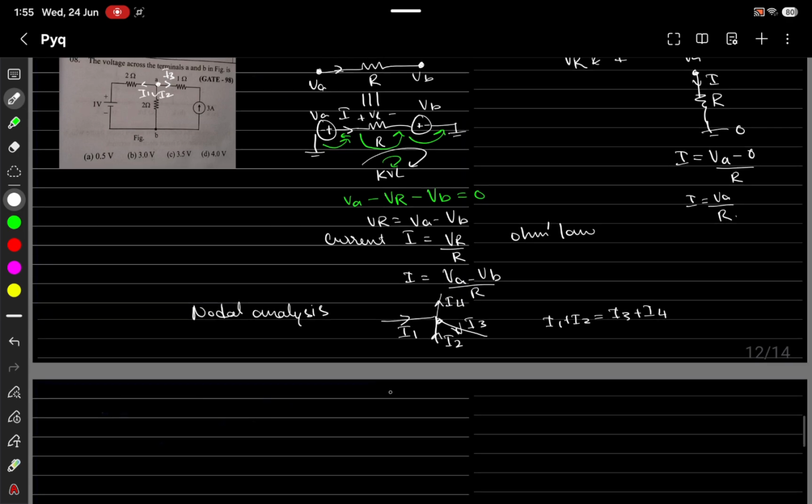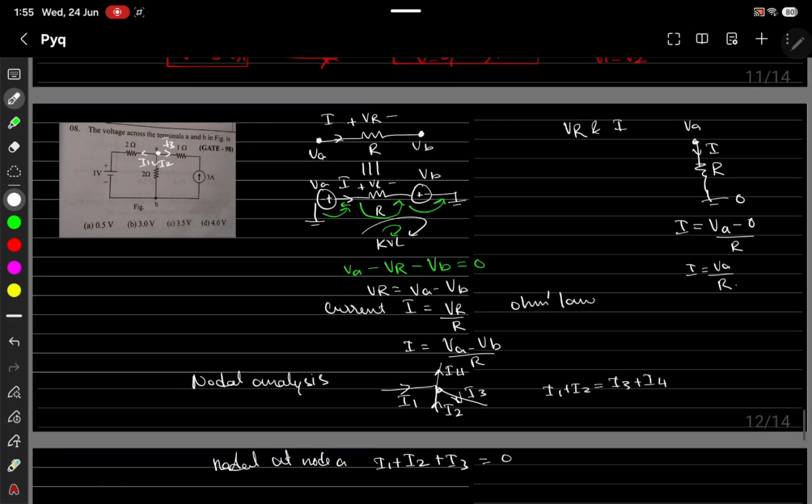Okay, now at node A, I1 plus I2 plus I3 is equal to 0. If you see in the diagram, I3 and 3 amperes are in opposite direction, therefore I3 is equal to minus 3 amperes.